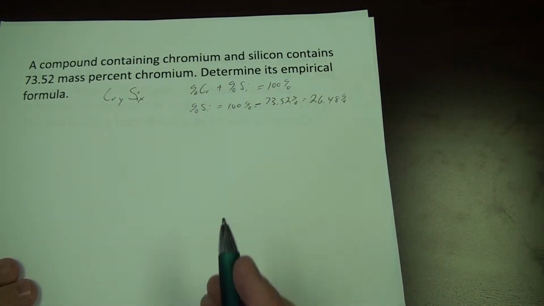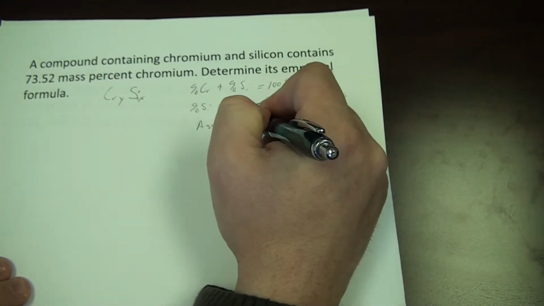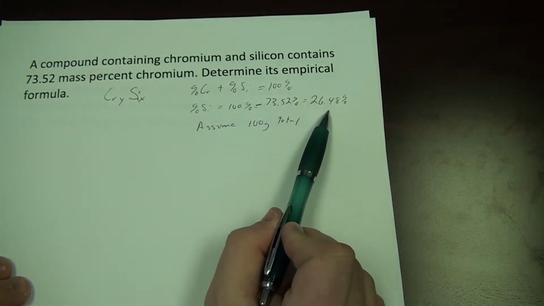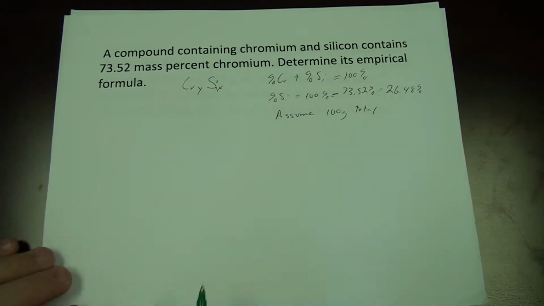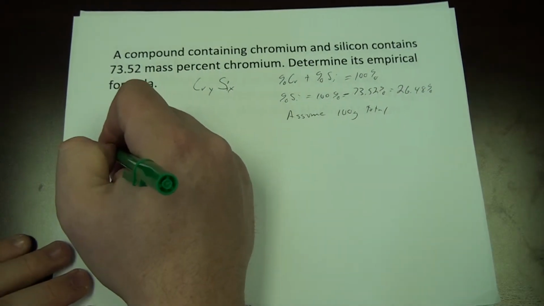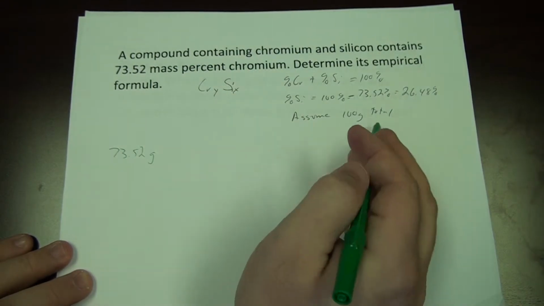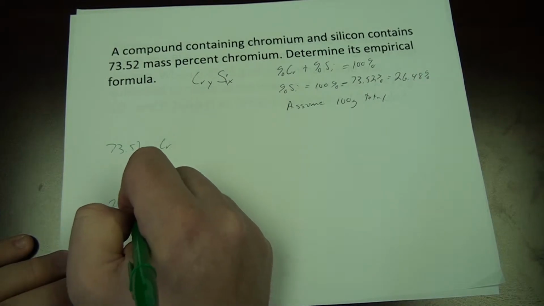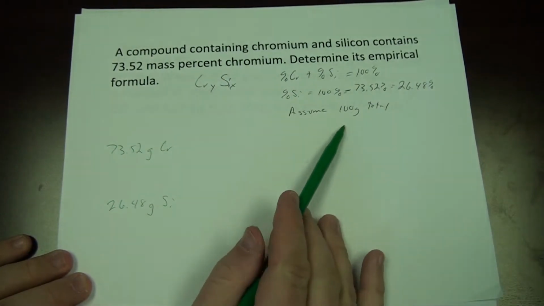But we don't want mass percent, we want an actual mass. So again, we can assume 100 grams total, which is going to change these percentages into a mass. Because we want the smallest whole number ratio. So now this compound contains 73.52 grams of chromium and 26.48 grams of silicon for this 100 gram total.